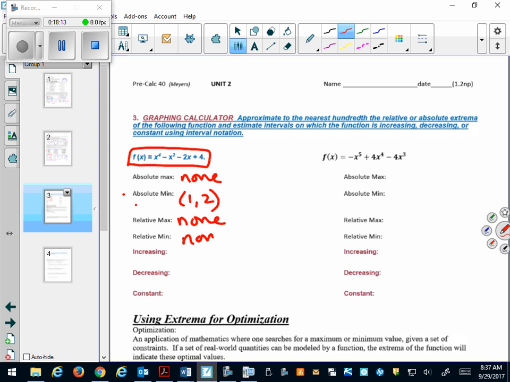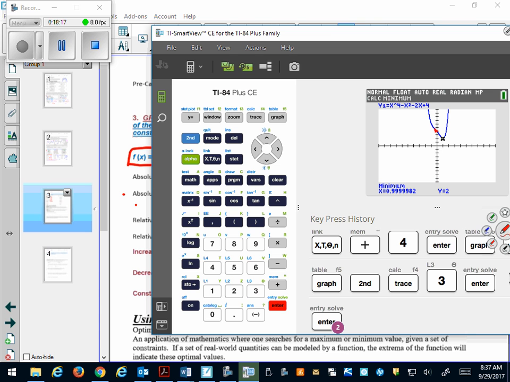So none. Now, if we want to talk about increasing, decreasing, or constant, what would be the decreasing? From where to where is decreasing? Yep. Negative infinity to 1.